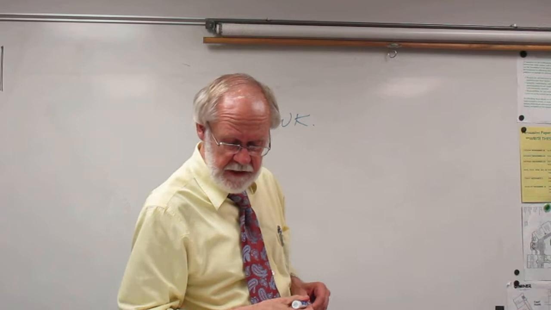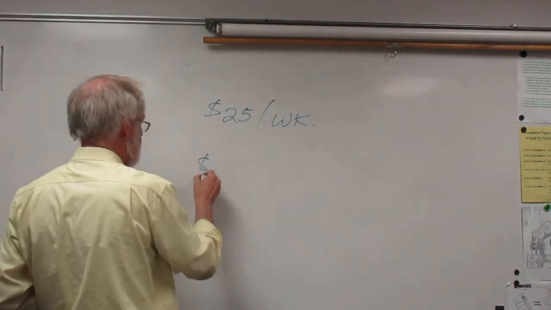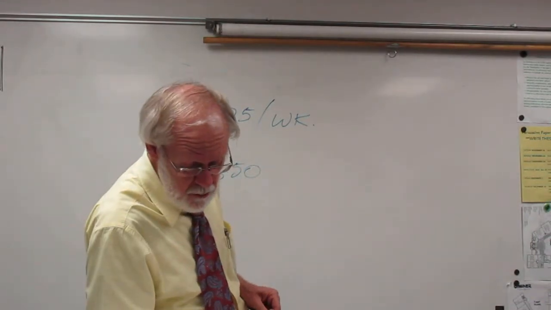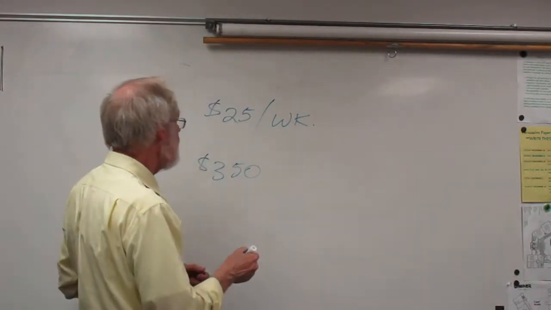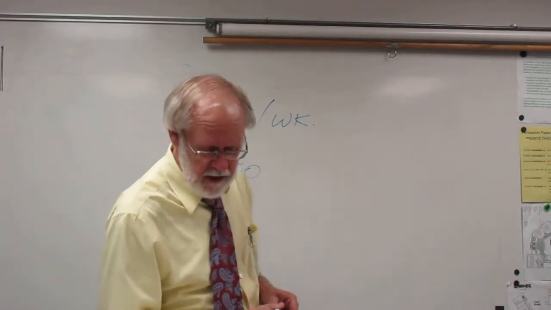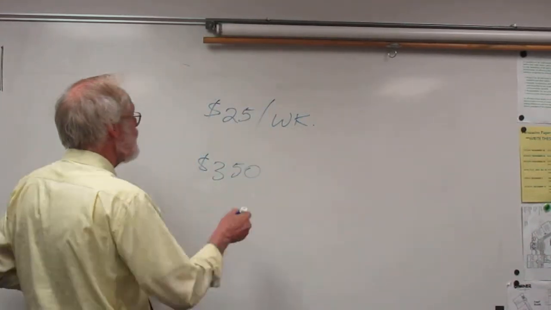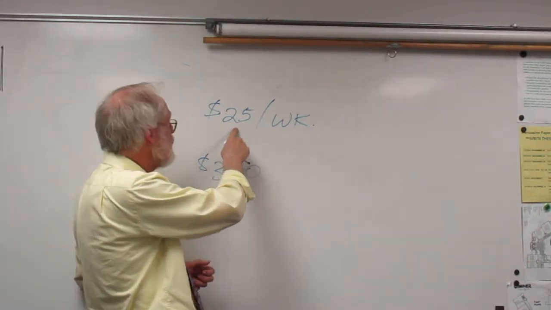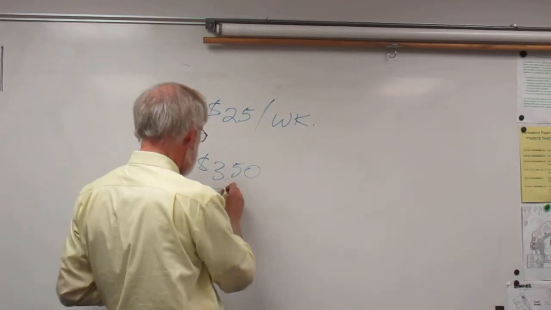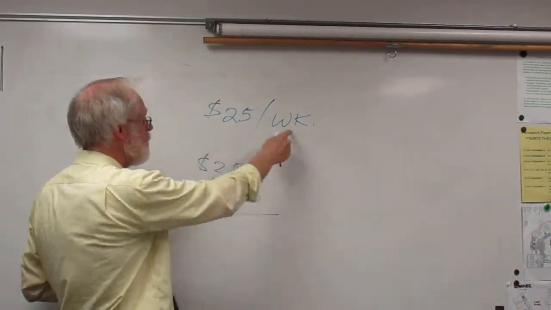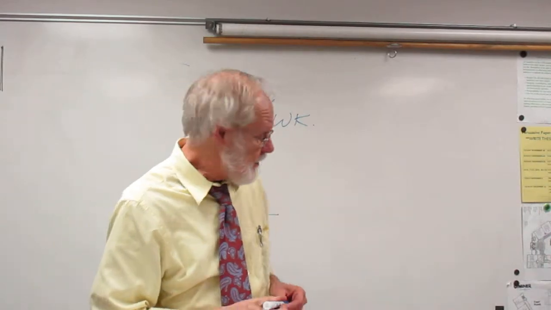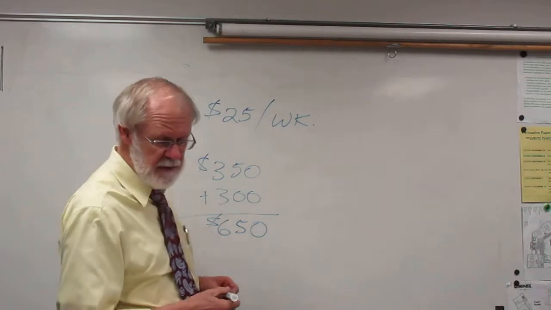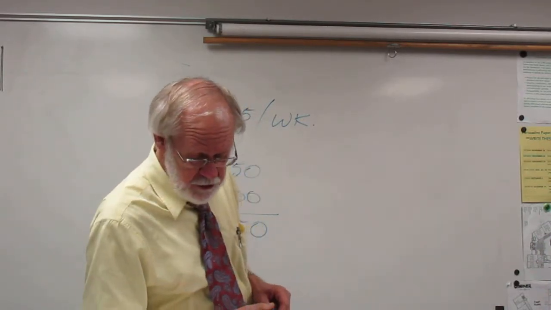He had $350 in savings at this moment, and he is going to work for 12 weeks, and we want to find out how much he's going to have in 12 weeks. So he has $350 to begin with. 12 times 25 is 300. So he's going to add $300 based on 12 weeks at $25 a week, and that's going to give him $650, and that's the answer, which is H in this problem.